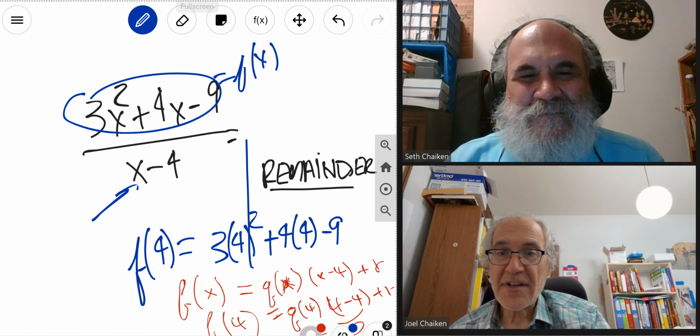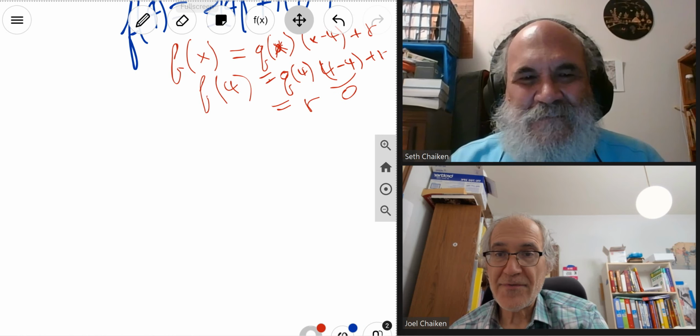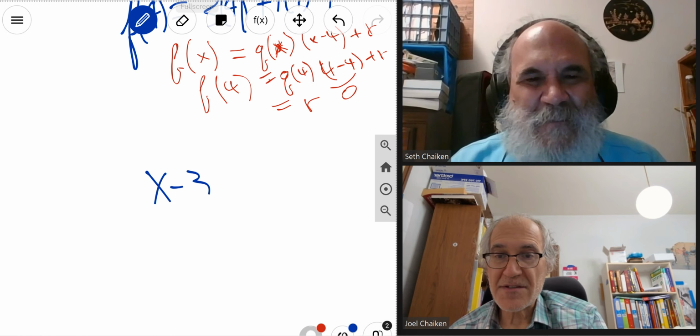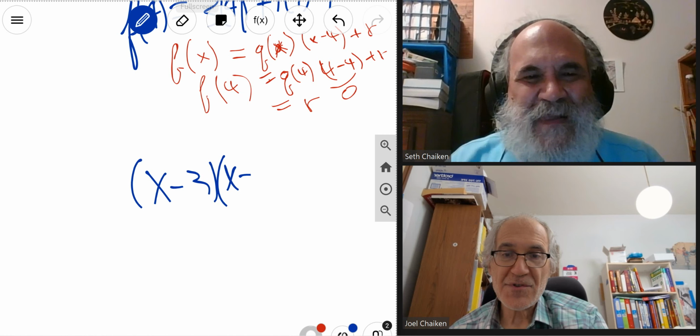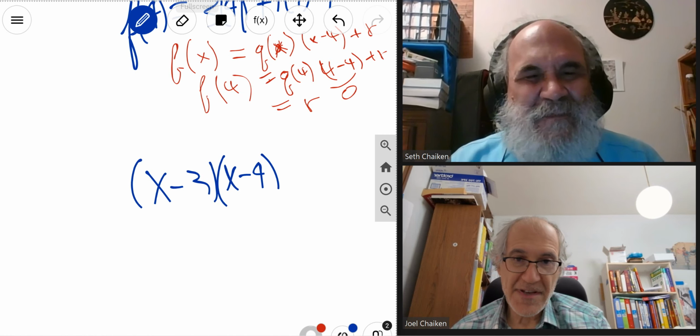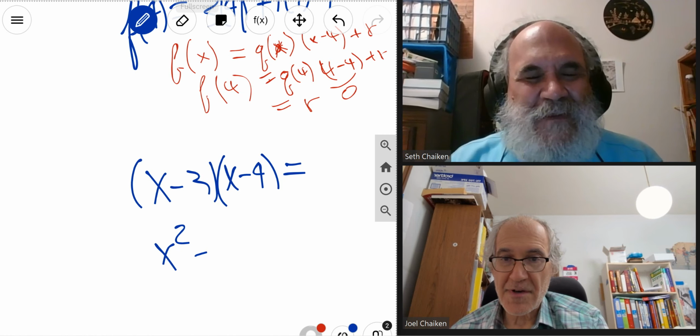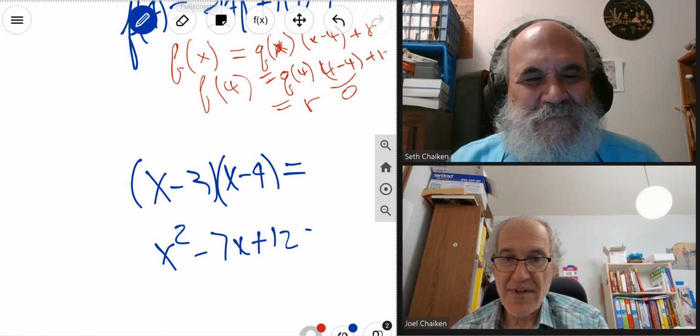And then very quickly, this whole thing about the roots. If you have these two factors, x minus 3 and x minus 4, and you multiply them, you get x squared minus 7x plus 12 equals 0.